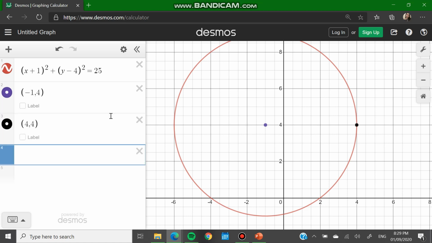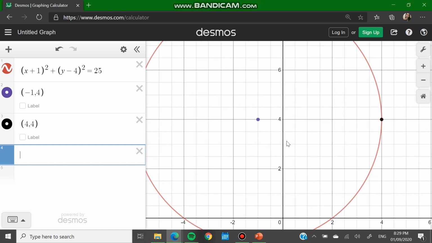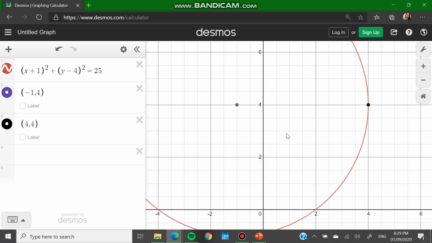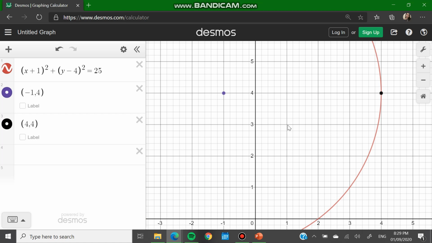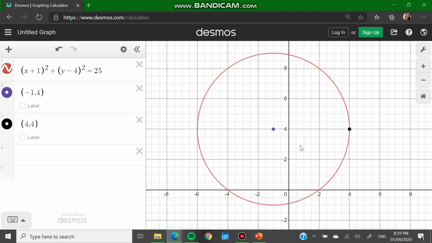This is just for illustration purposes. If I count how many units away this point is from the center, we have 1, 2, 3, 4, 5. So the radius is correct, which is equal to 5. So this is the graph of the given circle.